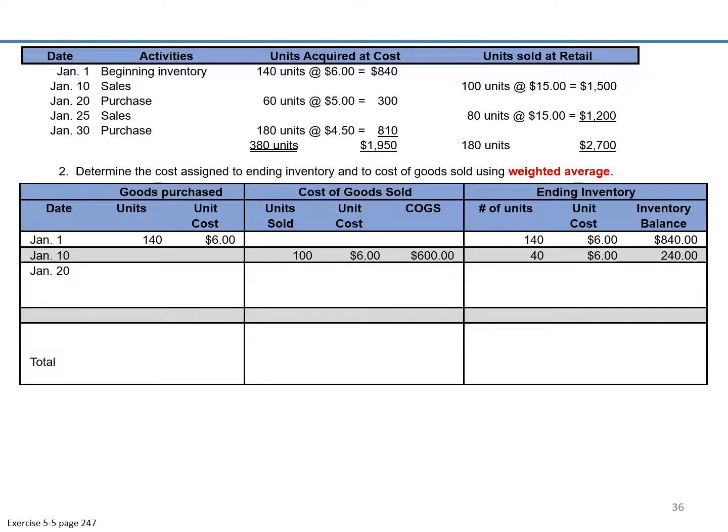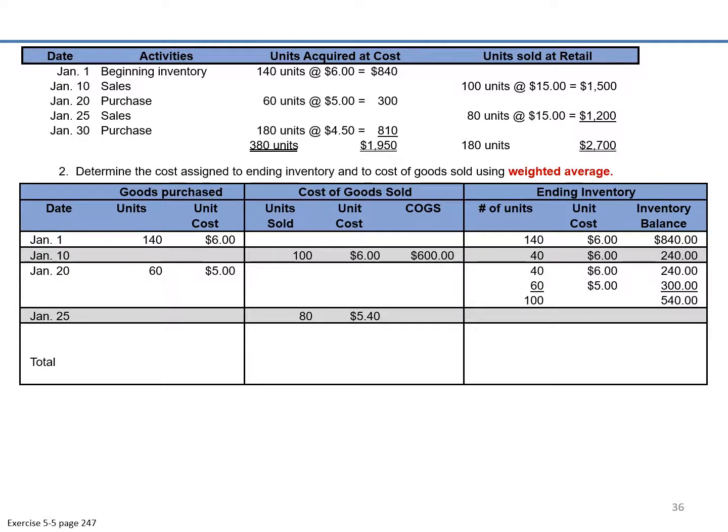Then on January 20th, we purchased 60 units at a cost of $5. So we have our 40 units at $6 plus our 60 units at $5, total of 100 units at $540. $540 divided by 100 units is an average cost of $5.40.